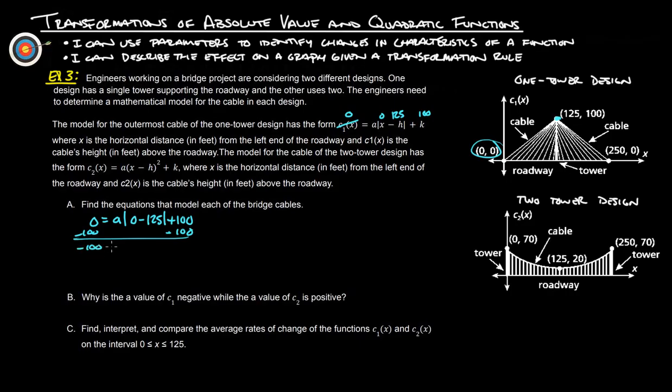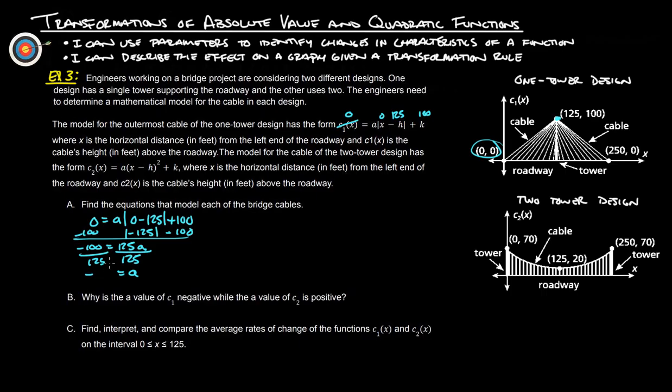We get negative 100 equals, let's see, 0 minus 125 is just the absolute value of negative 125. So that's just 125 times a, right? So then divide both sides by 125. And that'll tell us what a is.